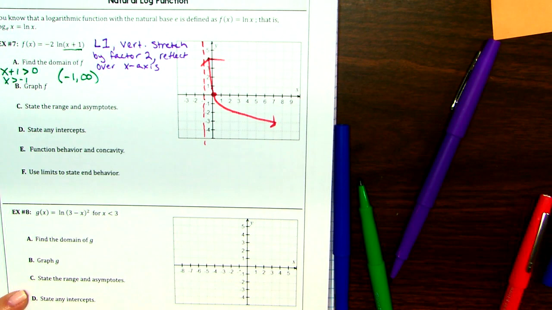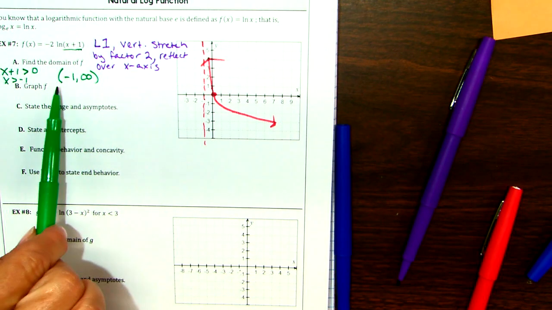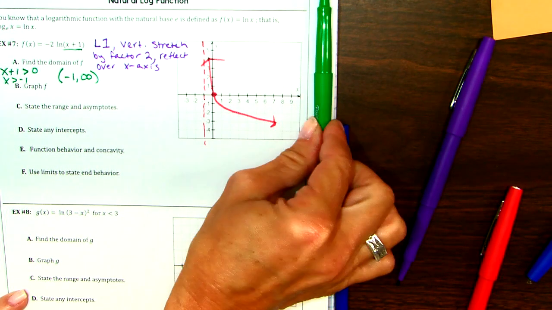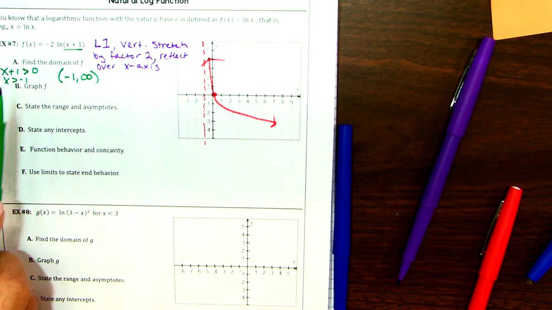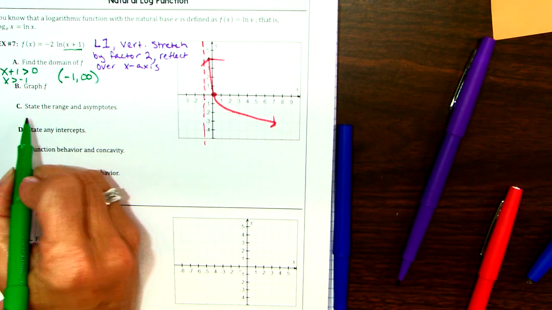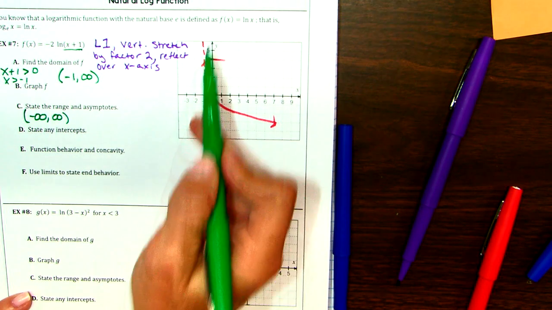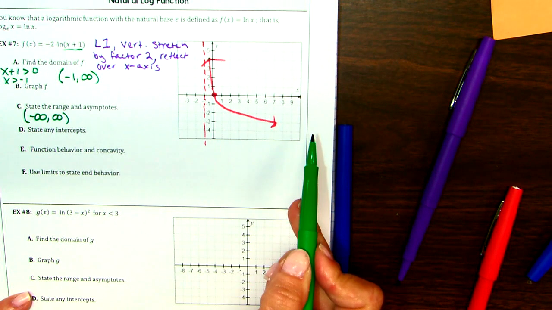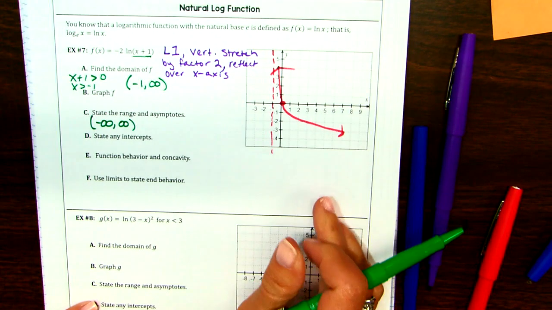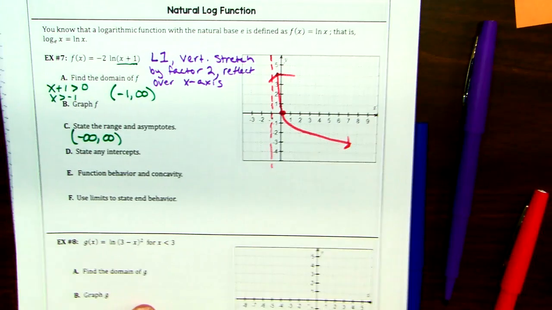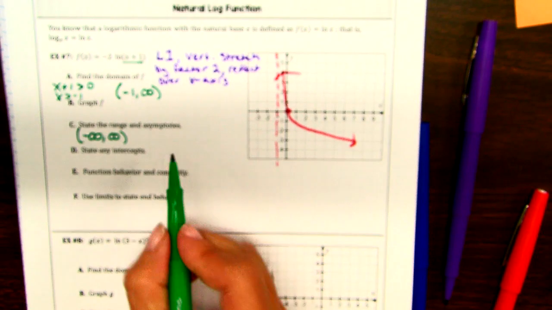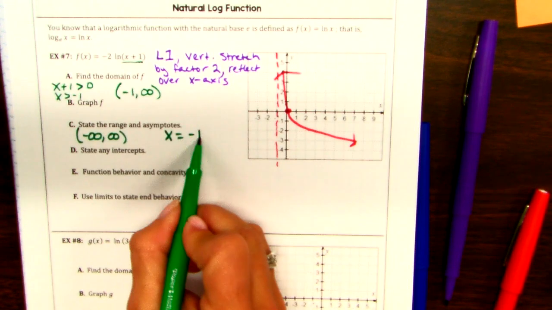And now let's state some other things. So again, you could have just done part A after part B, because you can really clearly see it's from negative 1, 0, but there it is algebraically. The range of all of these logs is negative infinity to infinity, but of course you can see that on the graph. Oh, sure. Yeah. And then we have an asymptote at x equals negative 1.